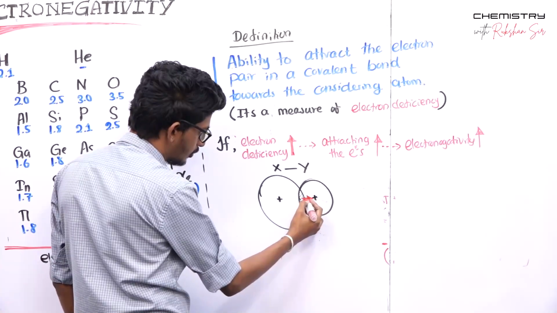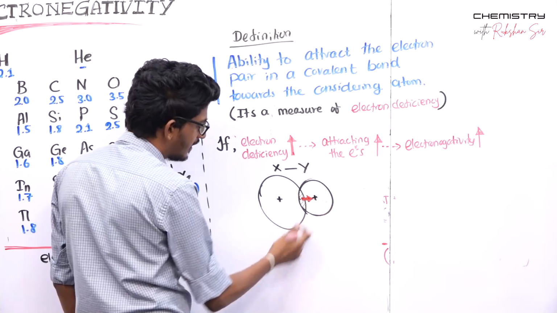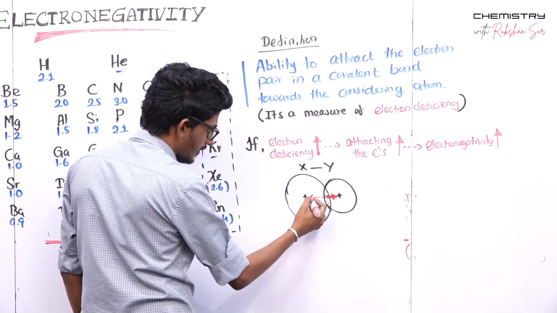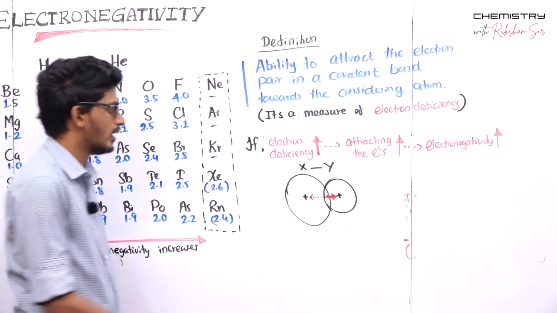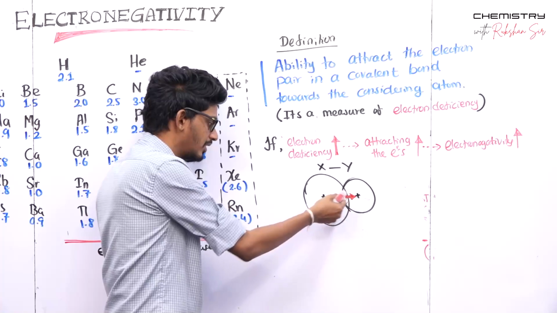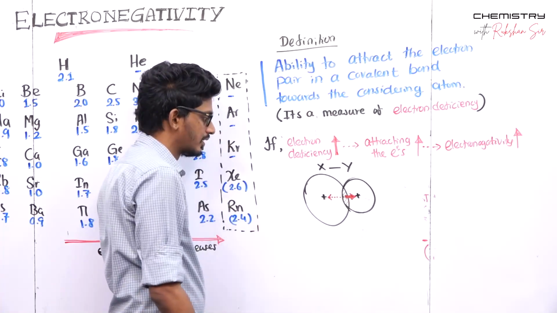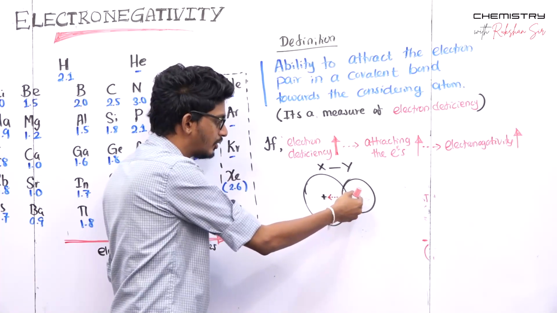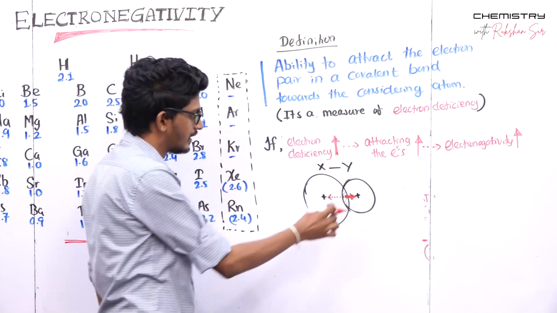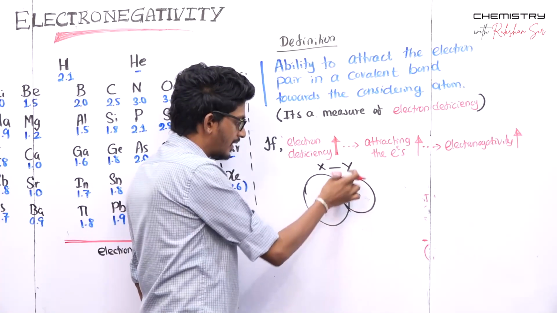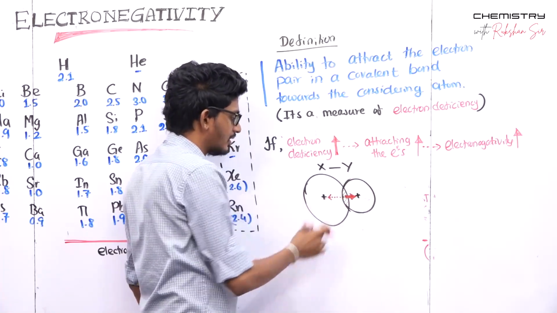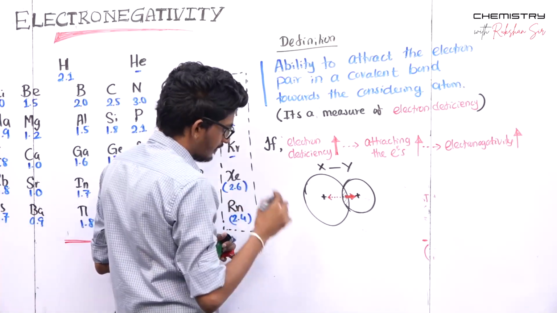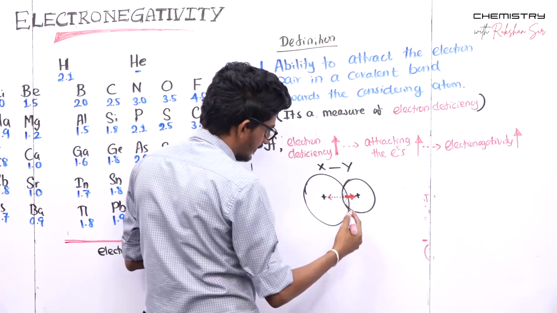The ability to attract the electron pair is greater with the small atom compared to the large atom, because the large atom's nucleus is a bit away from the shared pair of electrons, but the small atom's nucleus is closer. So the ability to attract the electron pair by the small atom is greater than the large atom.